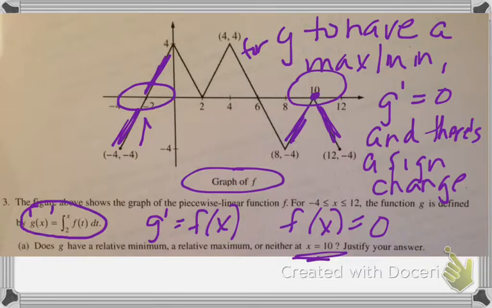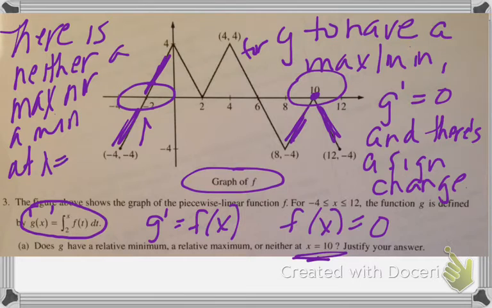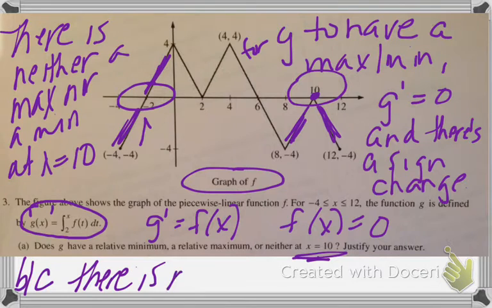So you would write, there is neither a max nor a min at x equals 10. And you're justifying it by saying because there is no sign change.